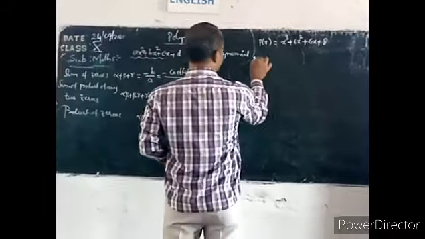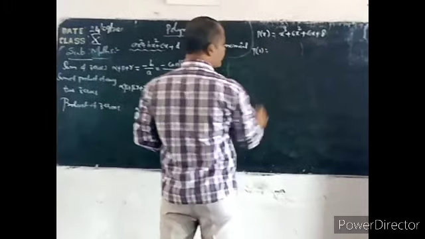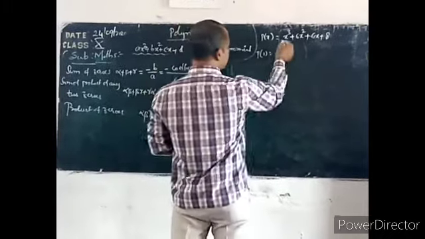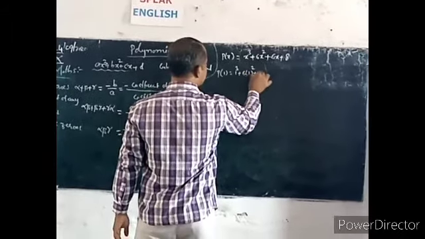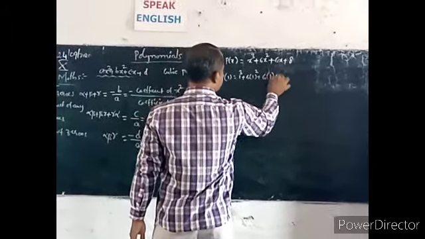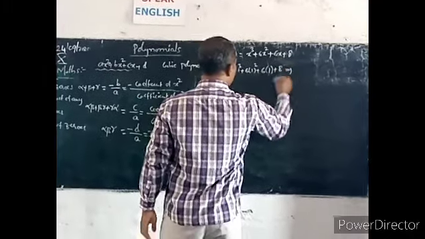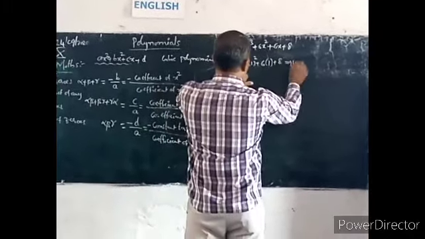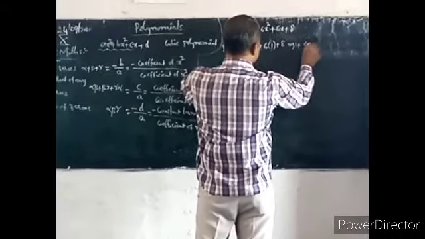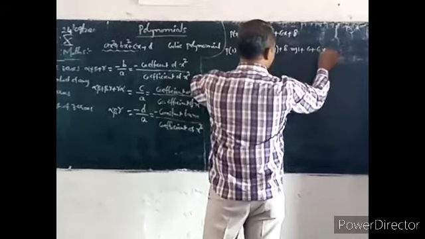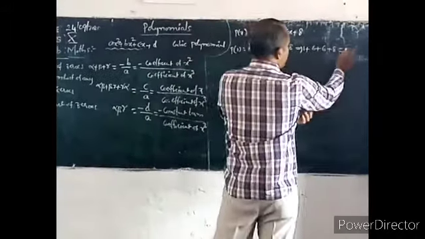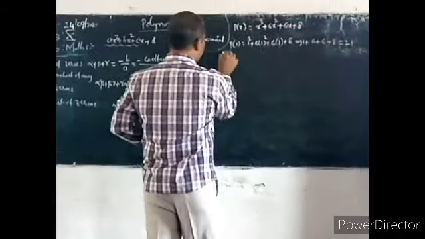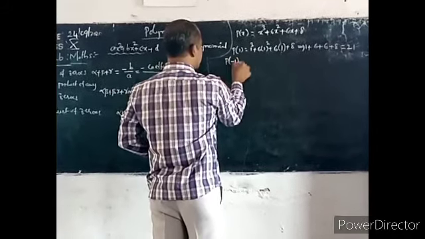First, find p of 1: 1 cube plus 6 into 1 square plus 6 into 1 plus 8. 1 cube is 1, plus 6, plus 6, plus 8. How much is it? 21.